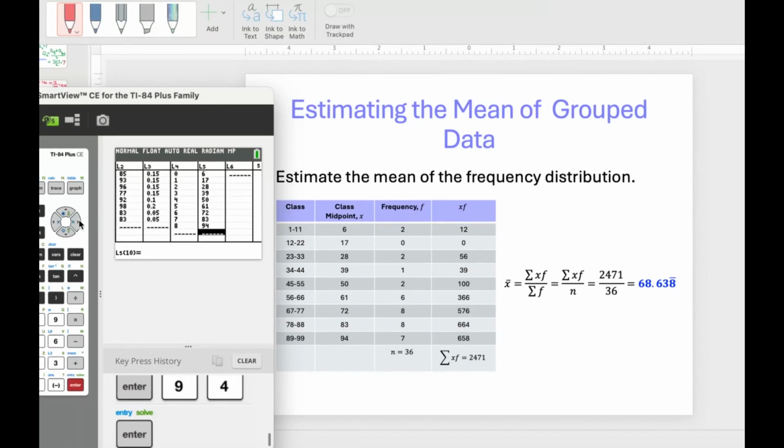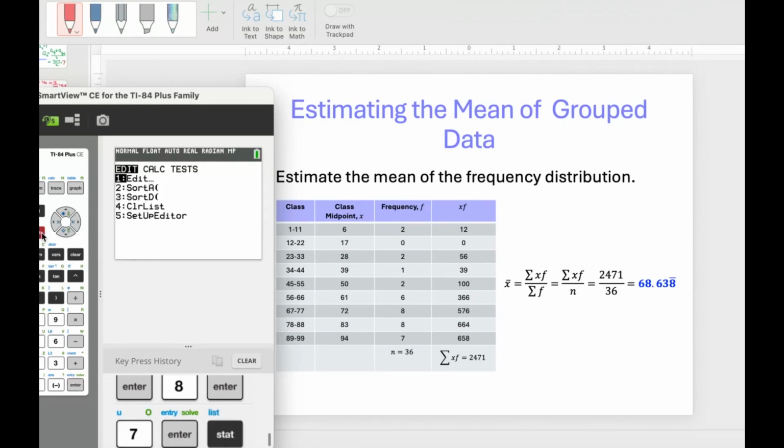And then I'm going to put the frequency for each class. So 2, 0, 2, 1, 2, 6, 8, 8, and 7.